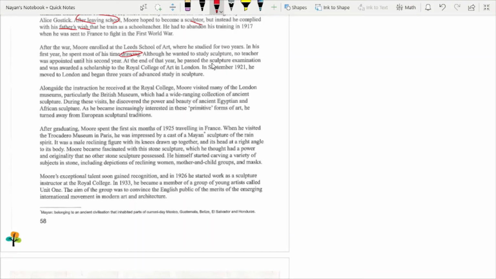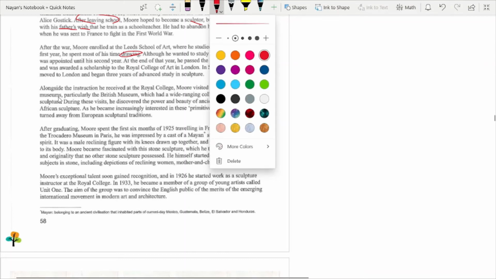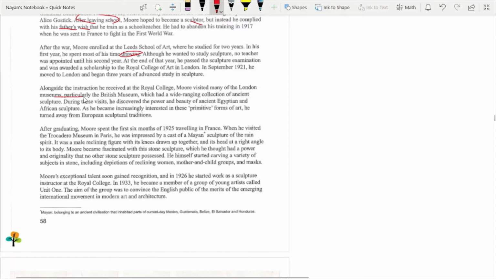He passed the sculpture examination and was awarded a scholarship to Royal College of Art in London. In 1921, he moved to London and began 3 years of advanced study in sculpture. Alongside the instruction he received at Royal College, Moray visited many of London's museums. Yeah, it's mentioned over here. He visited many of London's museums, particularly the British Museum, which had a wide-ranging collection of ancient sculpture.